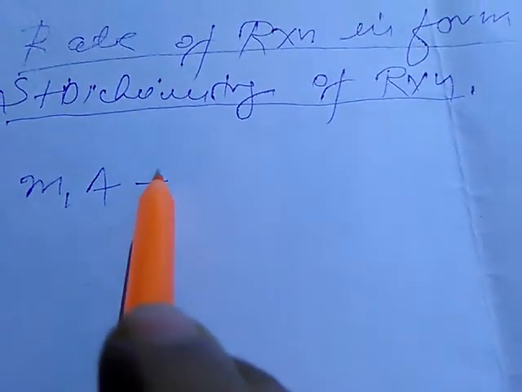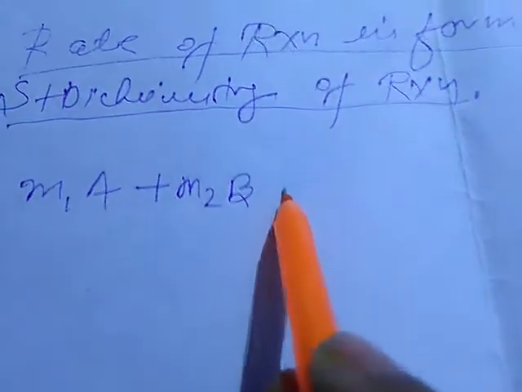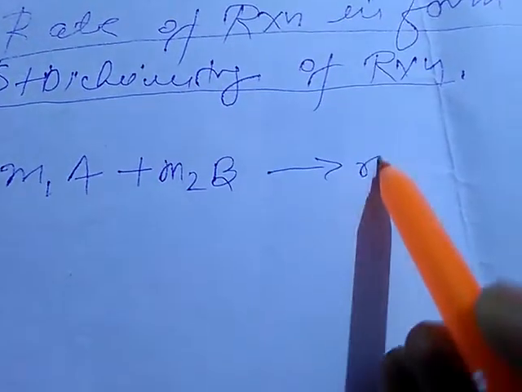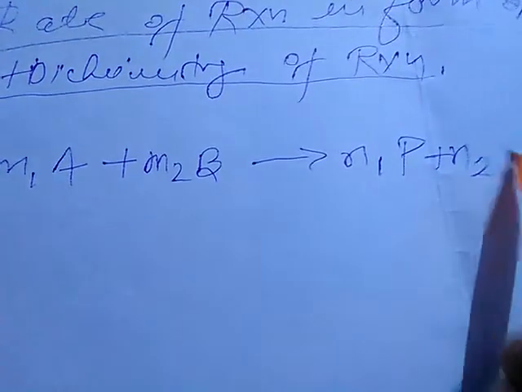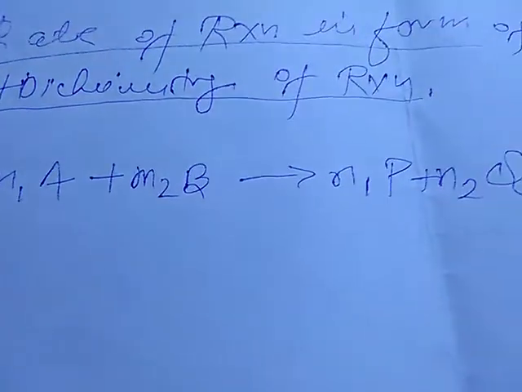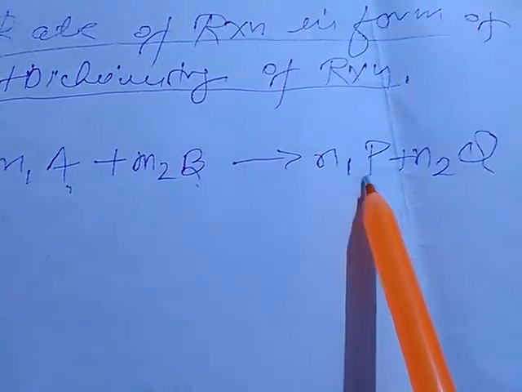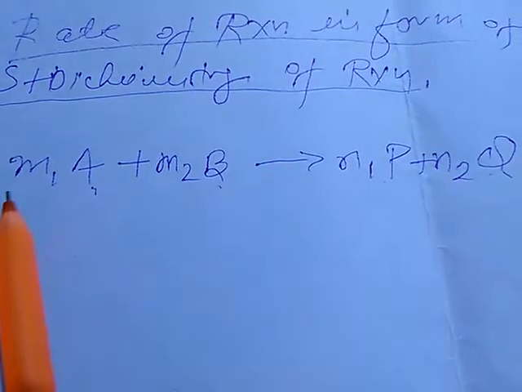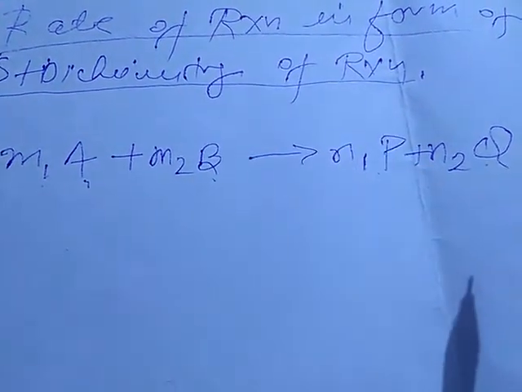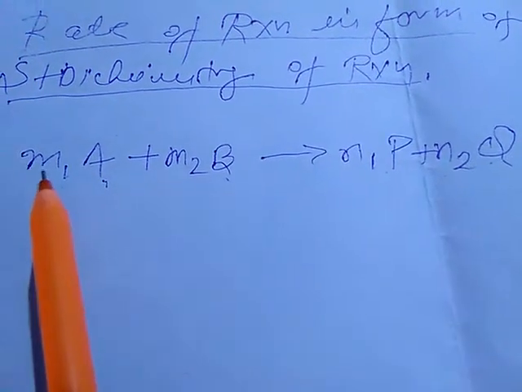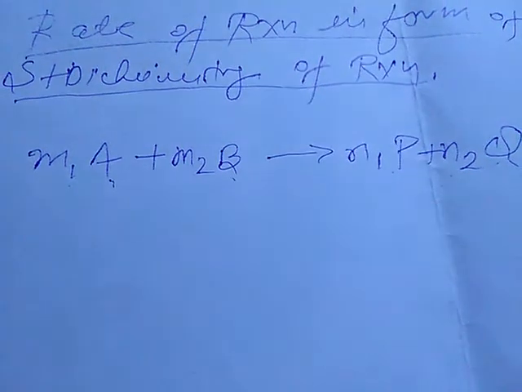m1A reacting with m2B, giving in product n1P plus n2Q. Here the reactants are A and B and the products are P and Q. m1, m2, n1, n2 are the stoichiometry of the respective reactants and products.